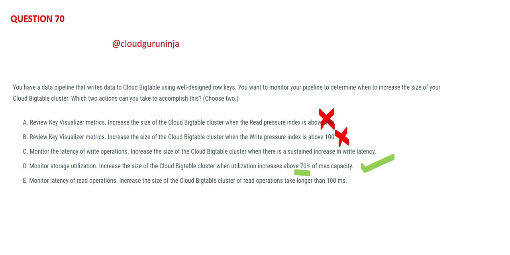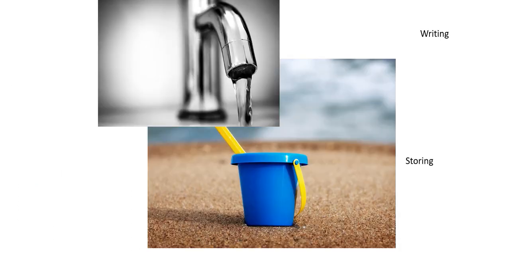The second thing is, because you have to choose two answers, second thing we would do is we would monitor the latency of write operations. That means how fast the water is flowing from this tap. Is it at full force or less or so on? So that needs to be monitored.